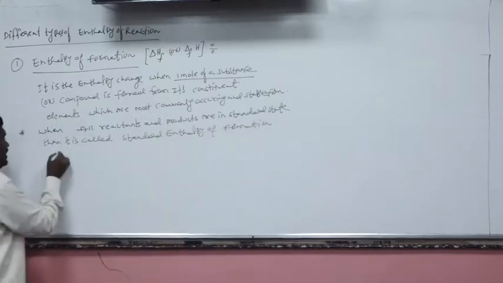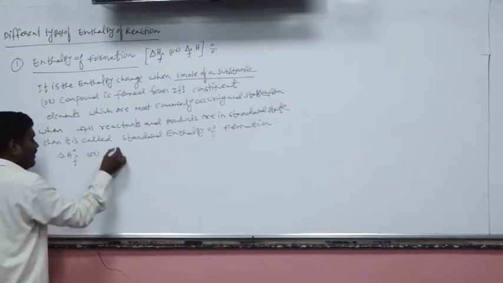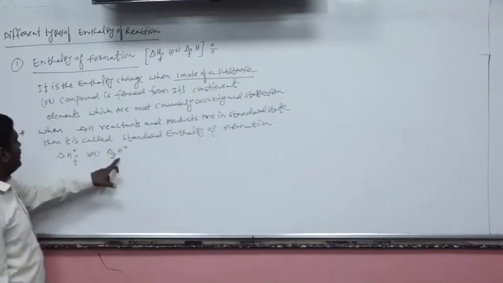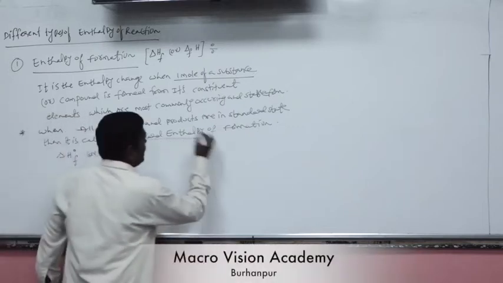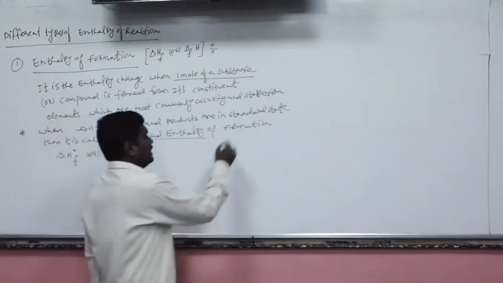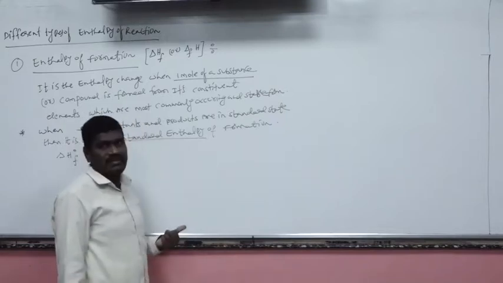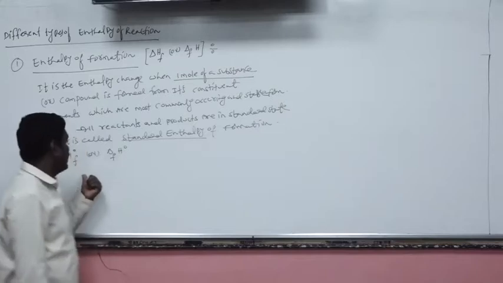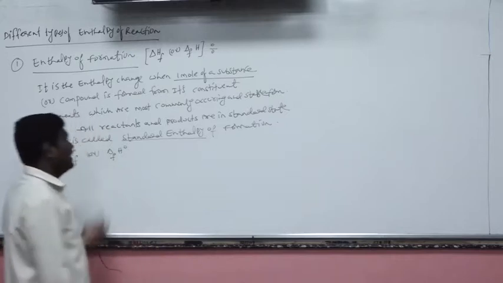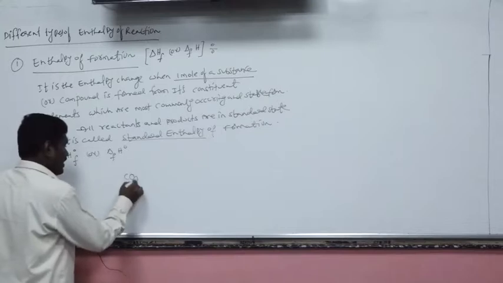Standard enthalpy of formation is represented by delta H naught f or delta_f H naught. Whenever the superscript 0 is not given to you, that means the question is not in the standard condition. Standard conditions, as I just told you, are 1 atmospheric pressure or 1 bar pressure, and molar concentration 1 mole. In case of no specification of temperature, we consider 25 degrees as the standard temperature, isn't it?